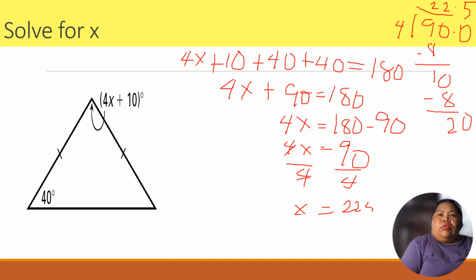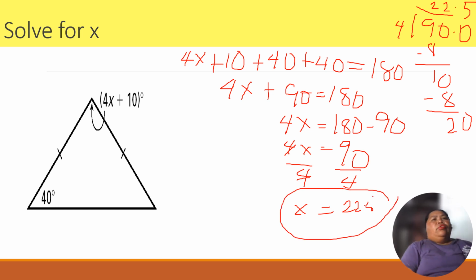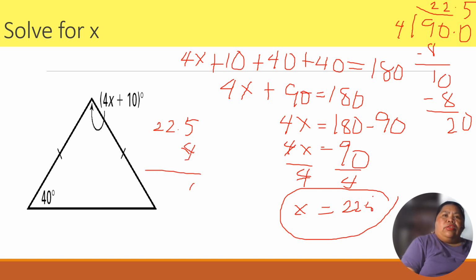The value of x is 22.5. Now, what is the value of 4x? To get the measure of this angle, 22.5 times 4 gives 90.